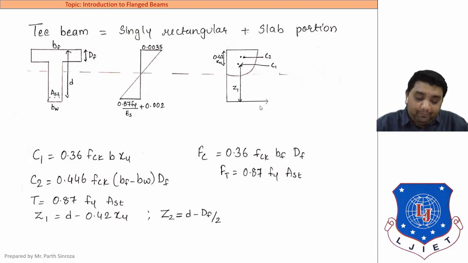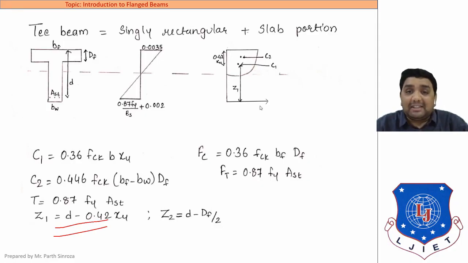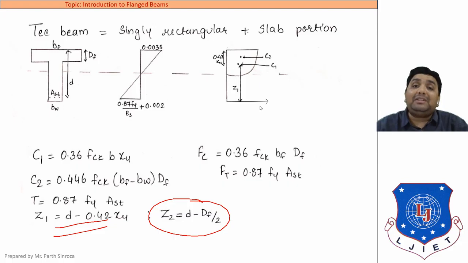Clear? Now looking at the lever arm, as our first section is a singly reinforced section, the lever arm will be the same, that is Z1 equals d minus 0.42 xu. Now Z2 will be the lever arm of the slab portion, so for this we need to find the relation.